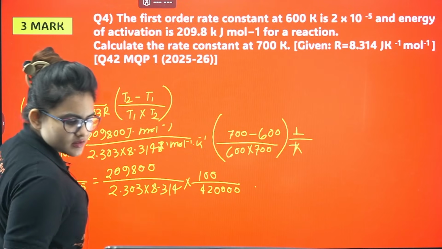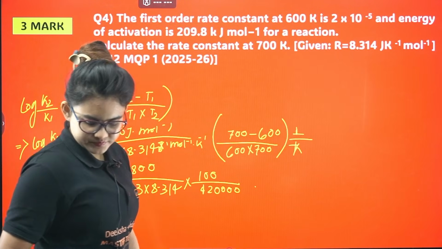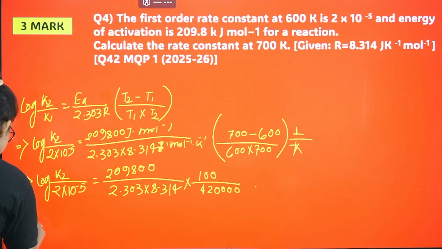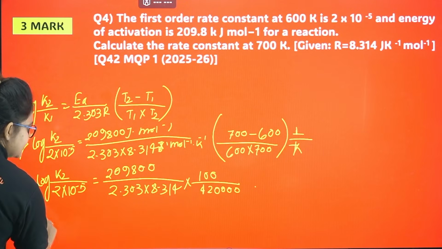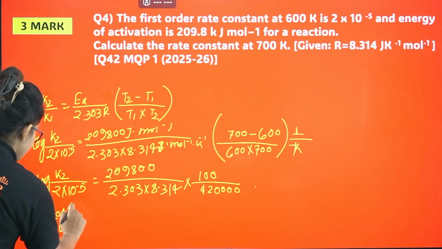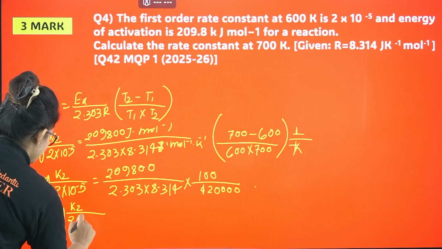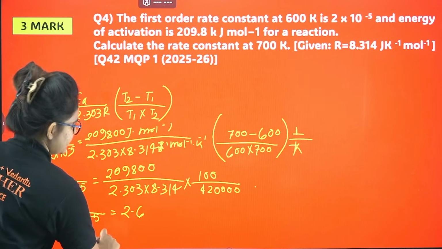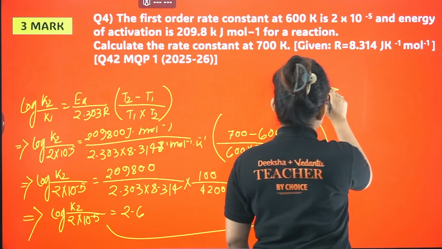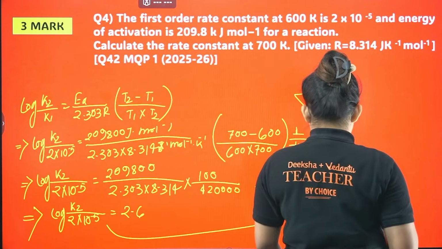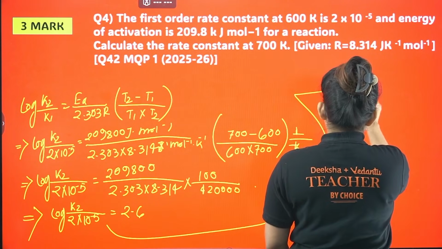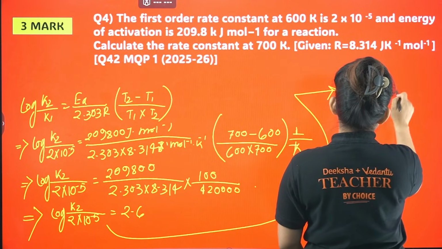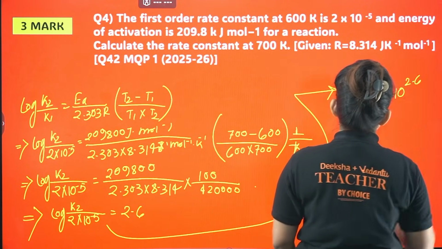So on being simplified, you will get something like this. This side if you calculate completely, you will get log K2 by 2 into 10 power minus 5, this side 2.6. Further I will do anti-log. K2 by 2 into 10 power minus 5 equals 10 power 2.6.